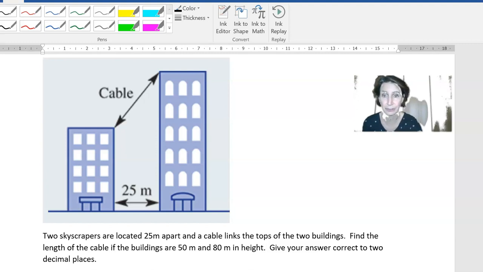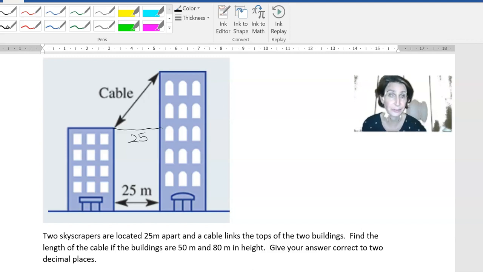So the first thing I'm going to do is draw a line across from there which is parallel to the ground. And I know how long that line is because they're the same distance apart at the ground as they are halfway up in the air.